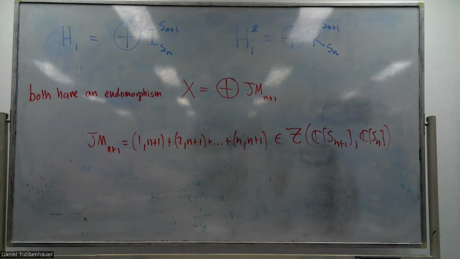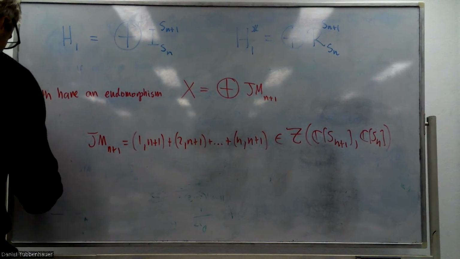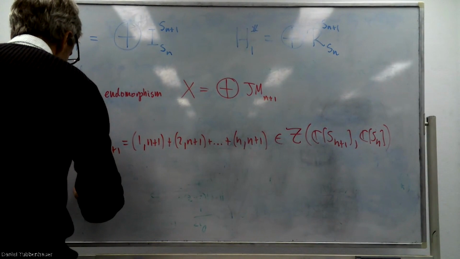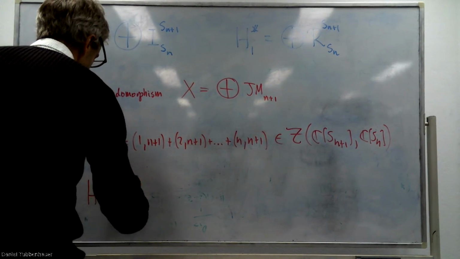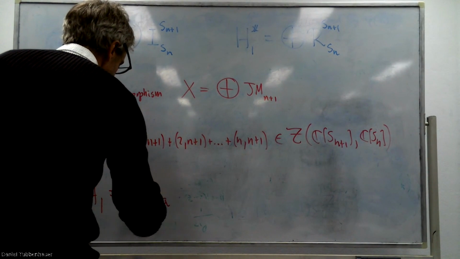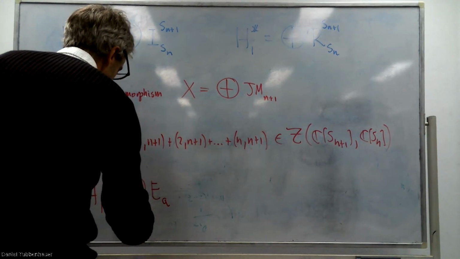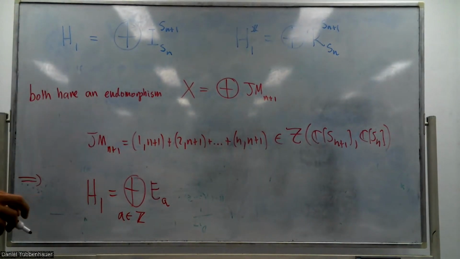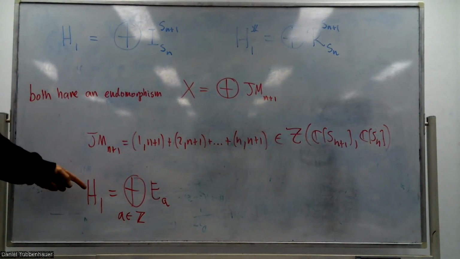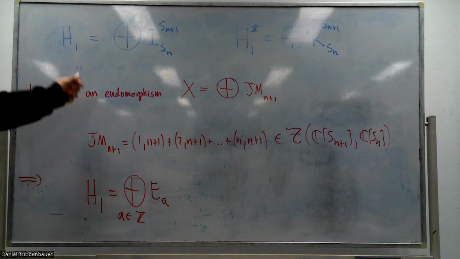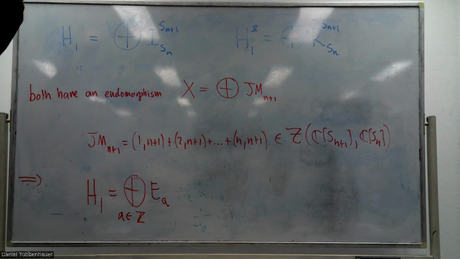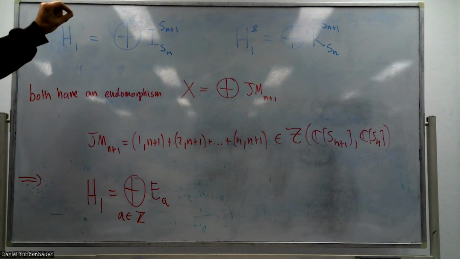We call it X. And so now we can break up H1 and H1 star into eigenspaces. We know, and it took a bit of work, that all the eigenvalues of these Jucys-Murphy elements are integers, given by the contents of the corresponding partition.